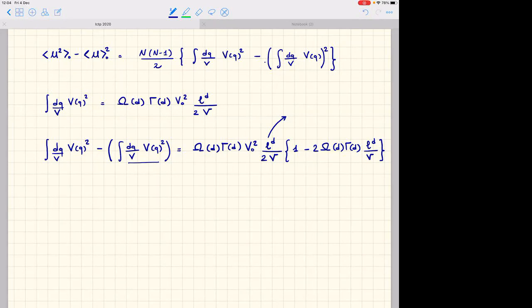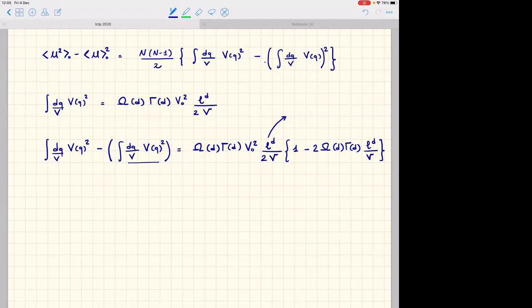In other words, I'm practically assuming that particles can hardly see each other when I go to the thermodynamic limit. And I'm perturbing around that limit, the limit of the ideal gas.